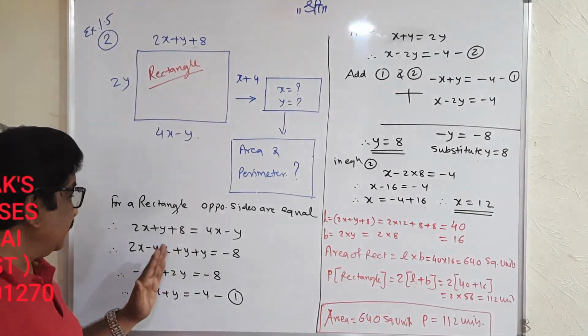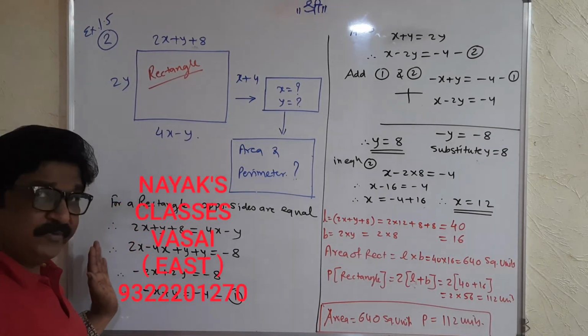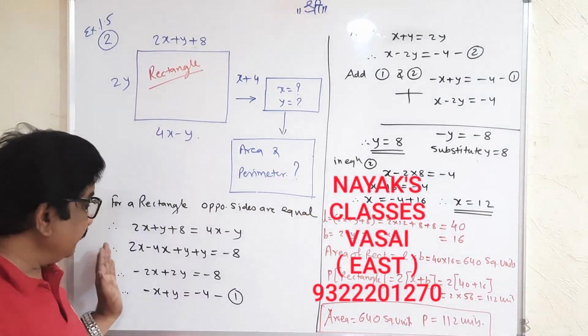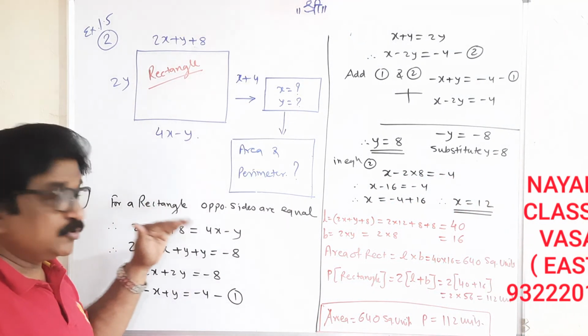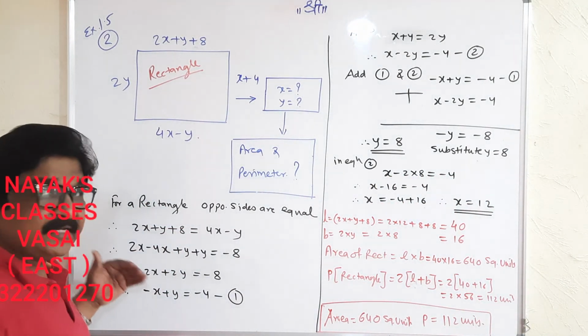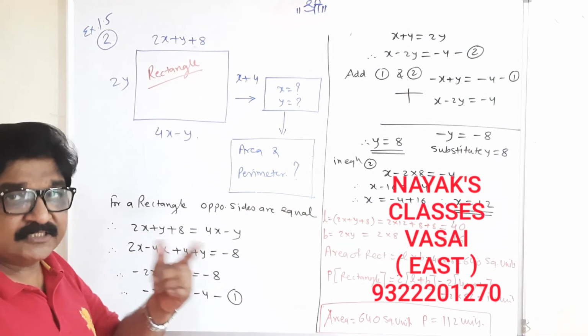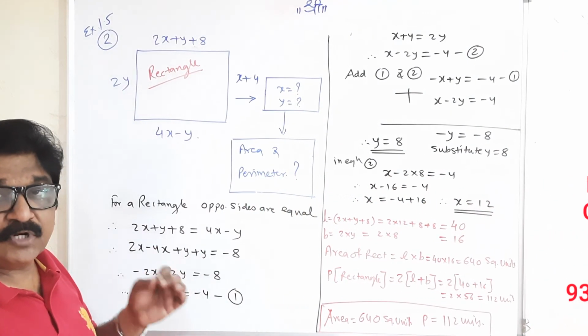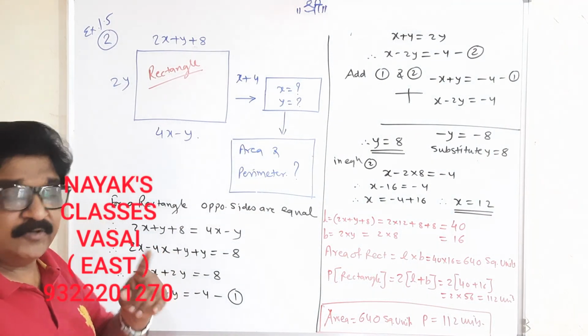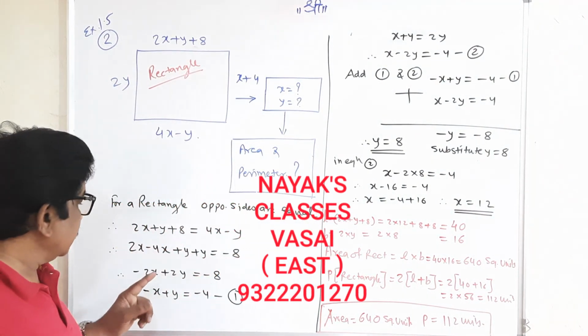After showing, transfer all the variables to left hand side and numbers to the right hand side. While transferring, you remember changing the side, changing the sign. If you will not change correct signs, your answer will be wrong.